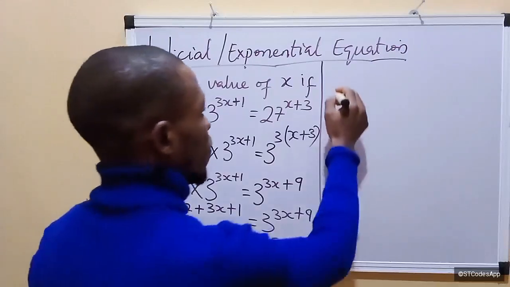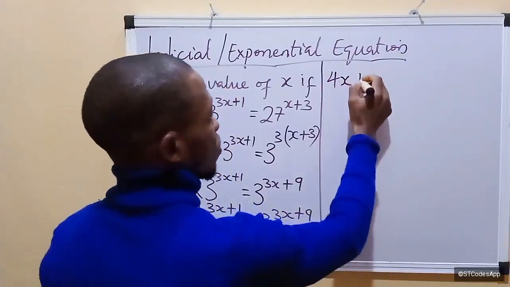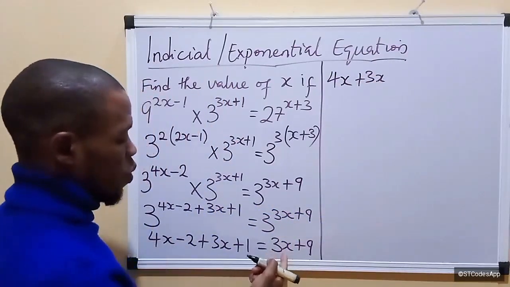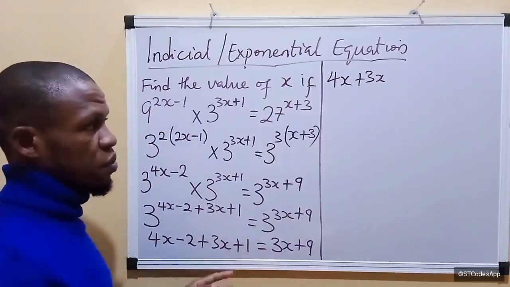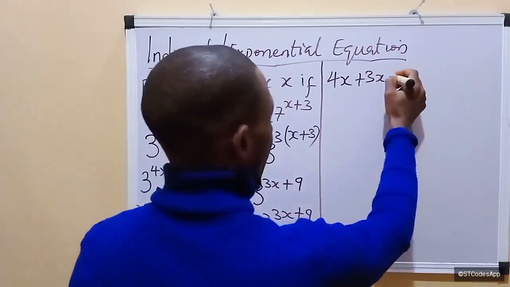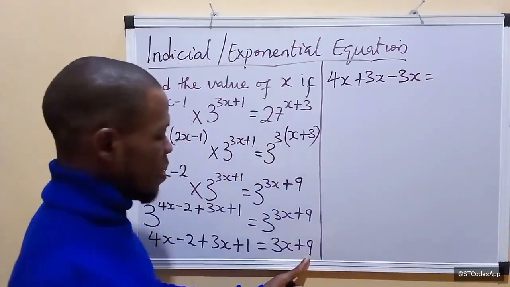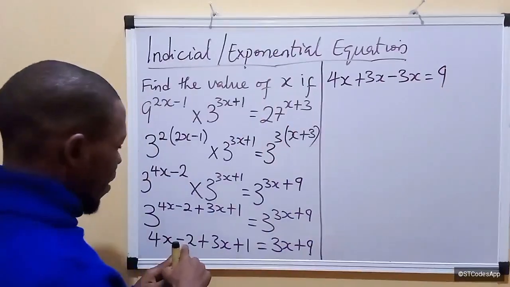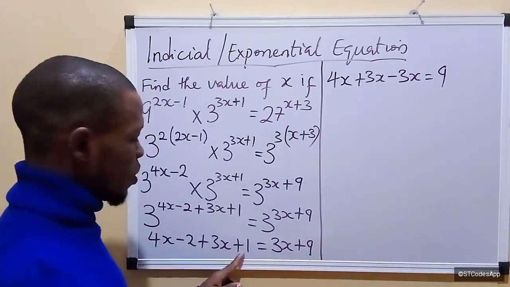So we are going to have 4x plus 3x. Then I'll bring over 3x on the right side of the equation to the left side of the equation, and the sign is going to change from positive to negative. That's the standing rule. So we have minus 3x equal to, we have 9 left on the right side of the equation. We have 9, then we carry over minus 2 to the right side of the equation, it becomes plus 2, and then this becomes minus 1.